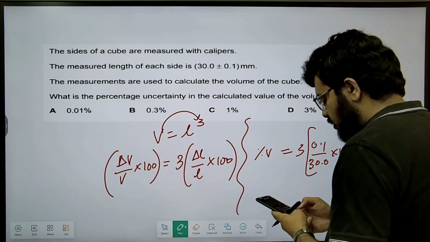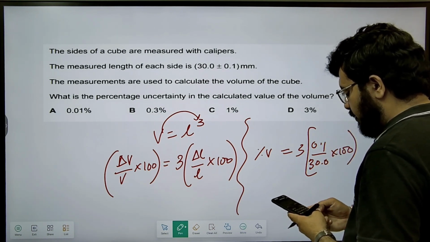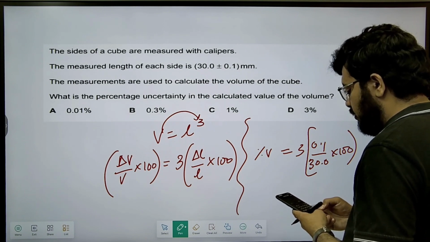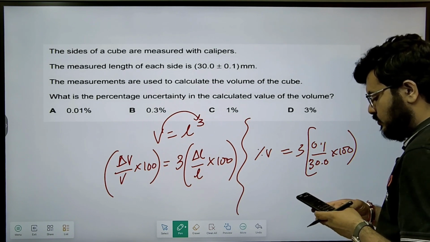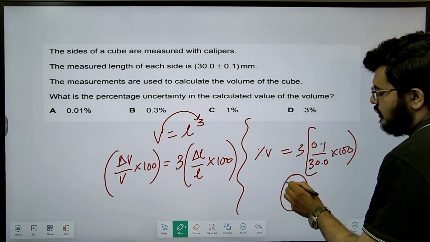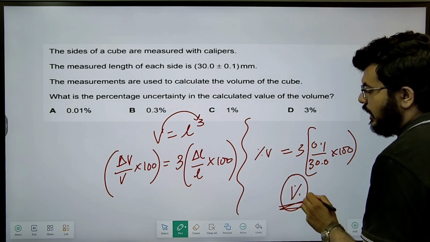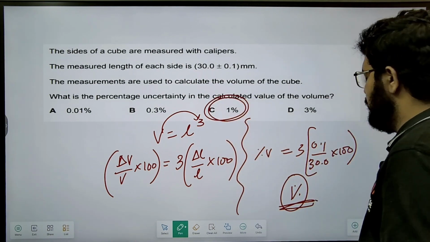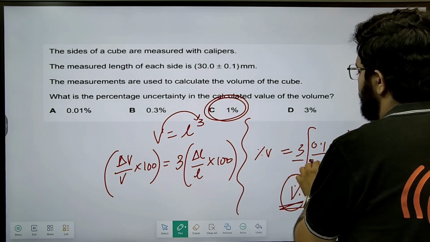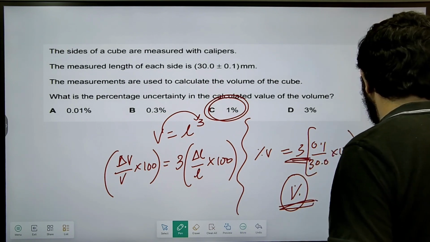So 0.1 divided by 30 into 100 will give me 0.33, times 3 is 1. If you put all of this in your calculator, you get 1% as your answer. So 1% is your answer. Don't forget to multiply by 3, right?